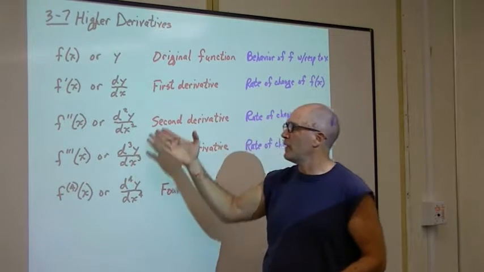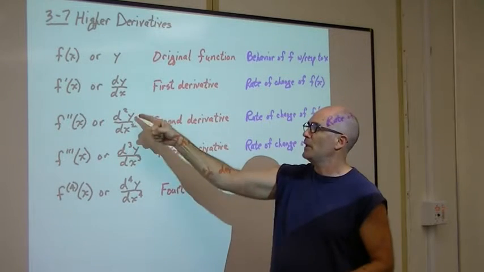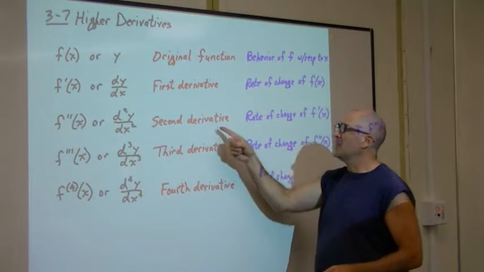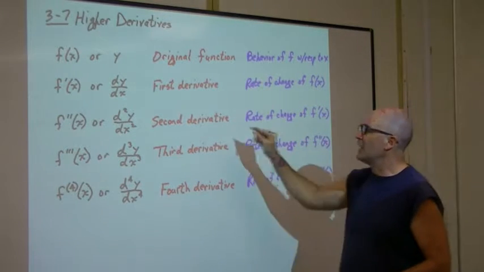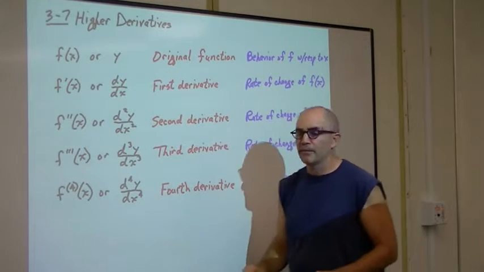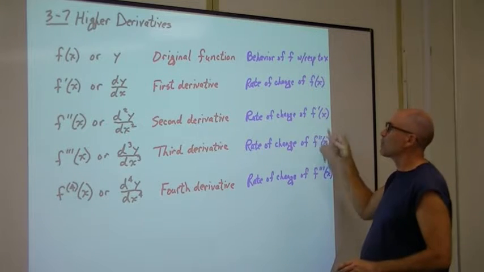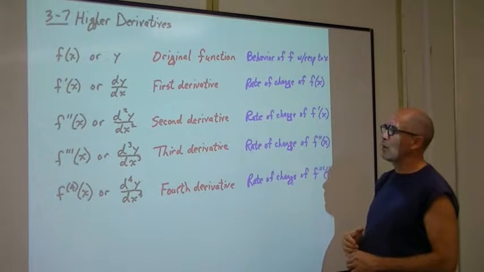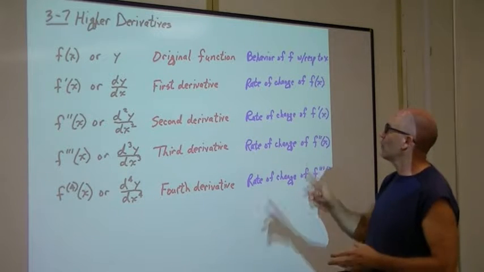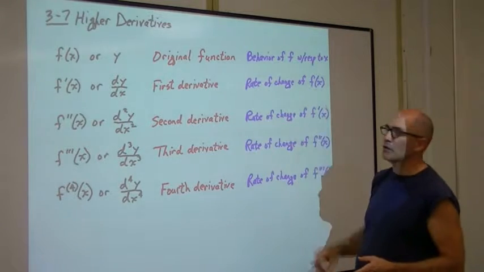I don't know why they don't just make it dy2 over dx2, but they didn't, and you need to learn it this way, d2y over dx2. That's called the second derivative. The second derivative is basically the derivative of the derivative. So that's the rate of change of f prime of x, or of d2y over dx2, or y double prime. The rate of change of the rate of change of the original function.